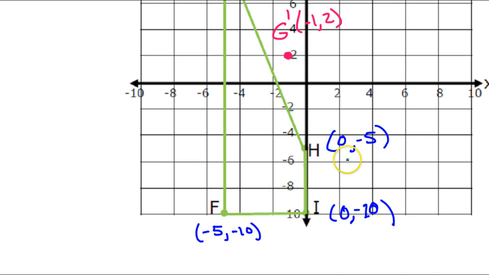All right, going around the clock, dividing this by 5, that's going to be 0, -1. So that would be right here. So that'll be H prime. Okay, dividing this by 5, that's going to be 0, -2.